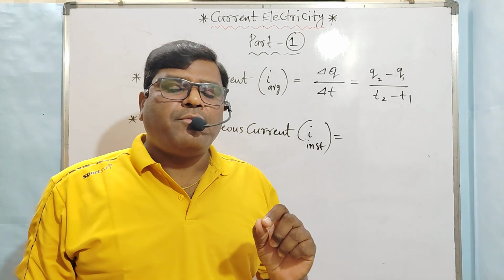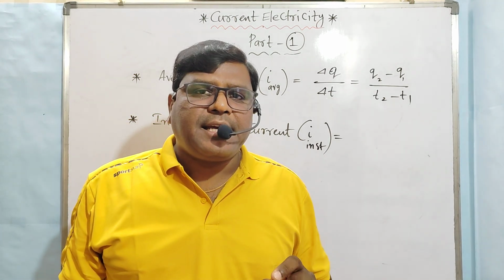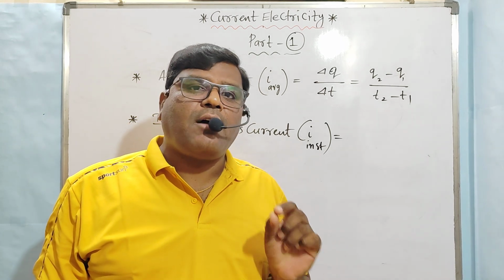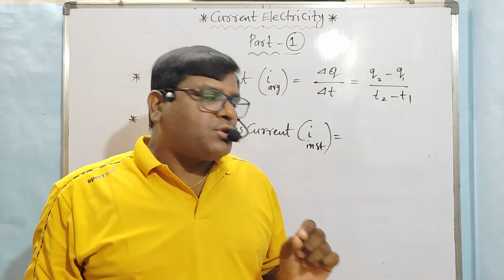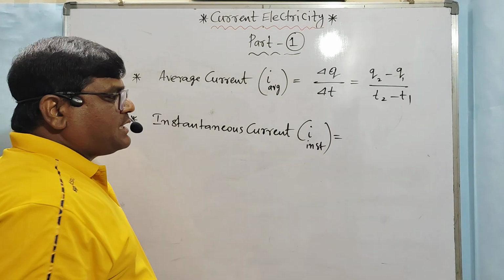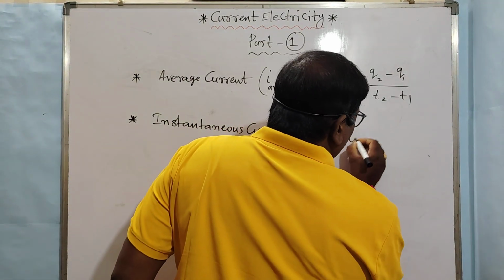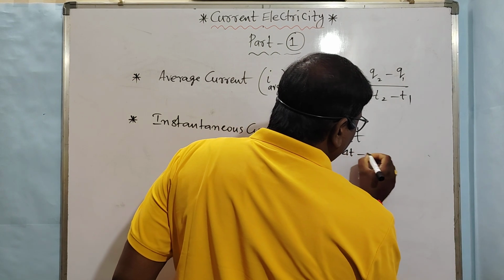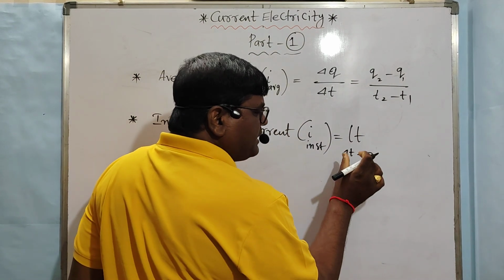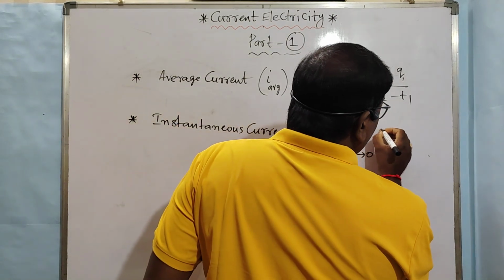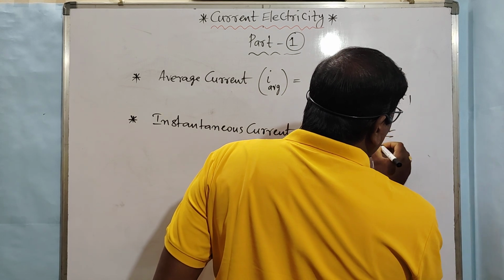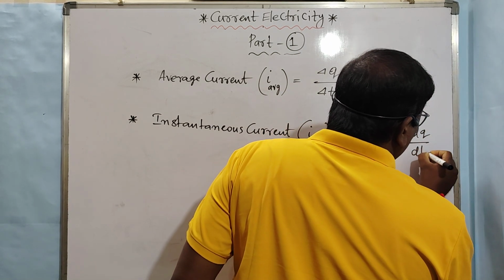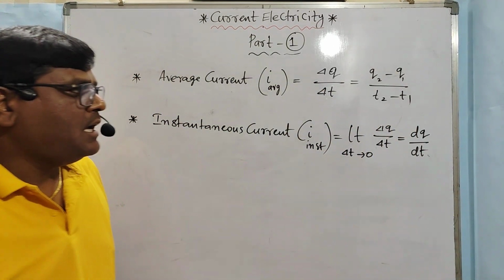But if you want to find the electric current at a particular instant of time, the instantaneous current is the limit as delta T tends to 0 of delta Q by delta T, that is equal to dQ by dt.